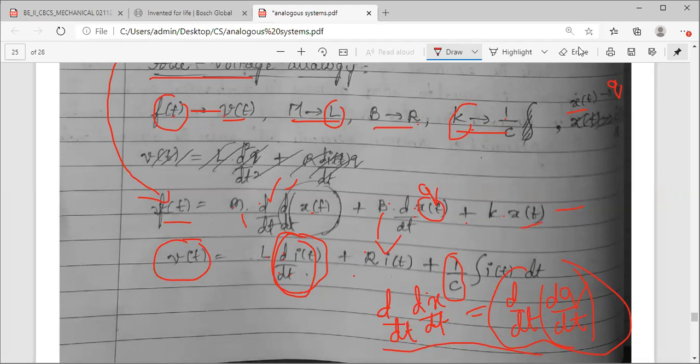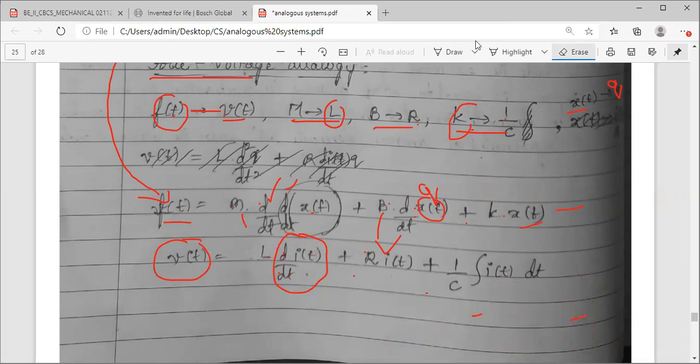Let me just show you how to solve it for the third term. For this, the third term is actually k replaced with 1 by C, and x of t is nothing but the equivalent quantity q. So how can you write q? Charge q.